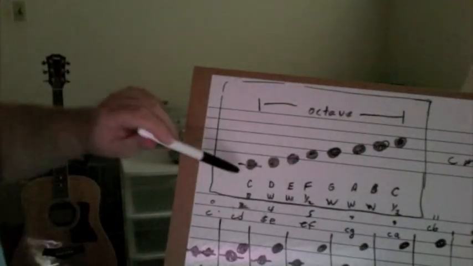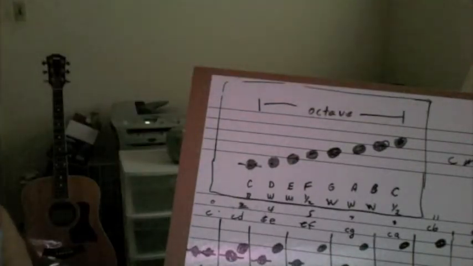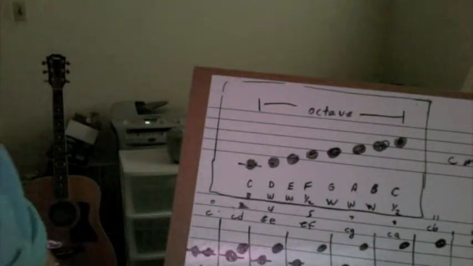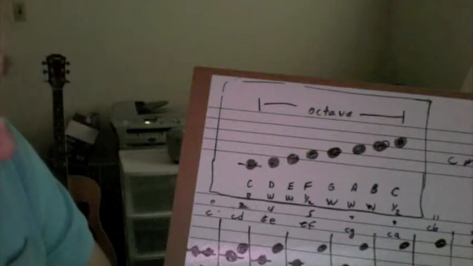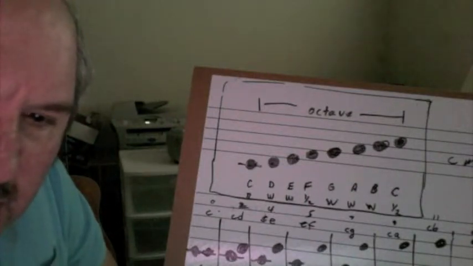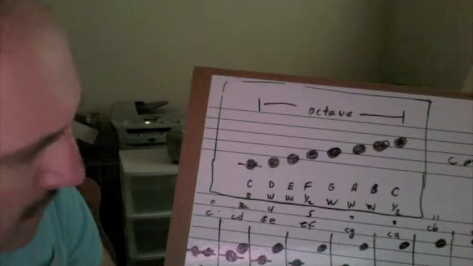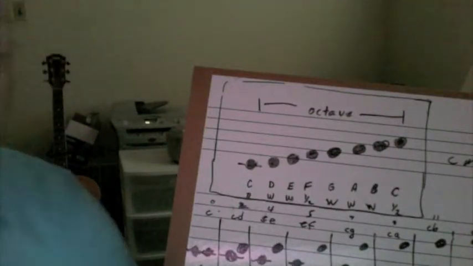And then you go from C to C. You're going from middle C to high C. That's a total of 12 half steps, and that is an octave. That is a perfect eighth, or an octave. So those are the intervals in the key of C major.